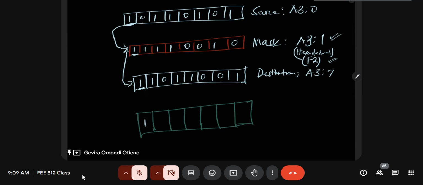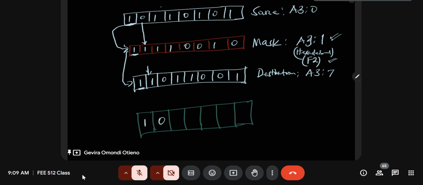You have a 0 here, and you have a 1 in the mask, meaning you're allowed to transfer that 0. The 1 in the mask allows the bit to be moved to the destination. You see the destination here already had a 1, but we are now transferring the 0, so we overwrite this 1 with a 0. Hope that makes sense.